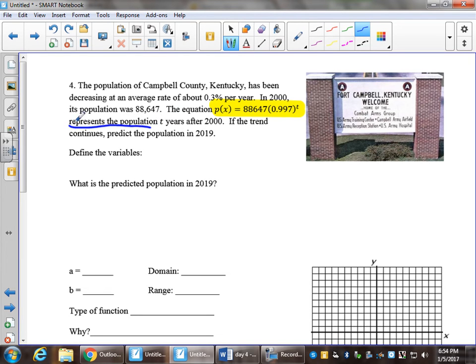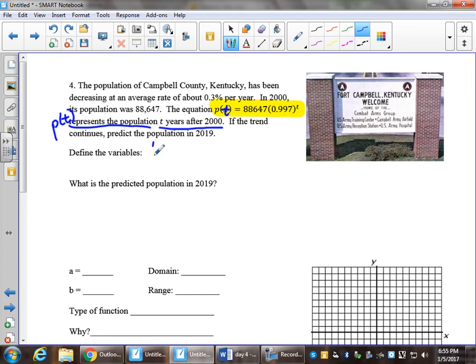I keep on putting x, it's supposed to be T, P of T. P of T represents the population, and T is the years after 2000. If the trend continues, predict the population in 2019.